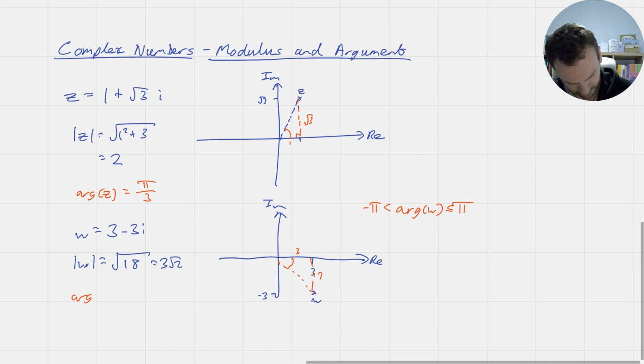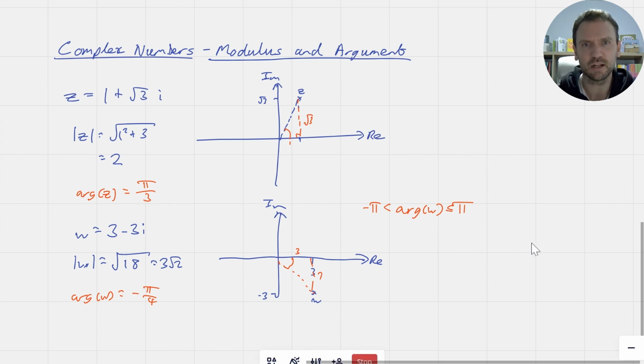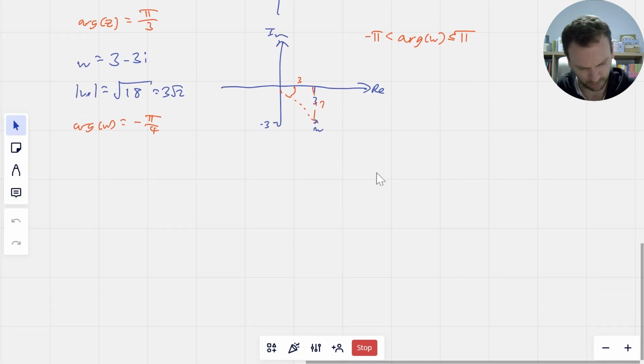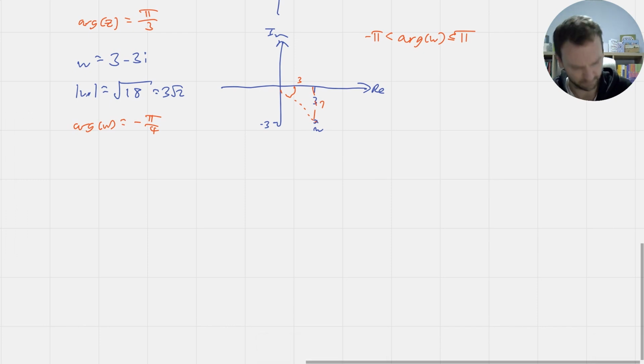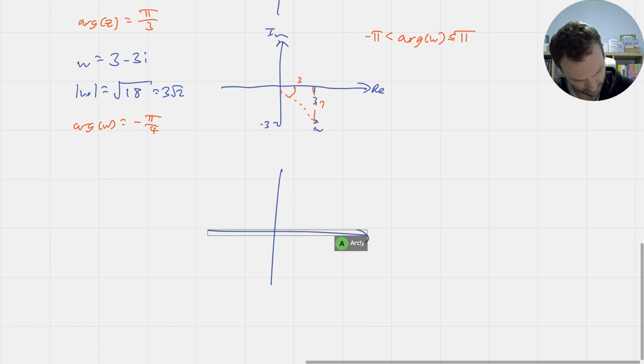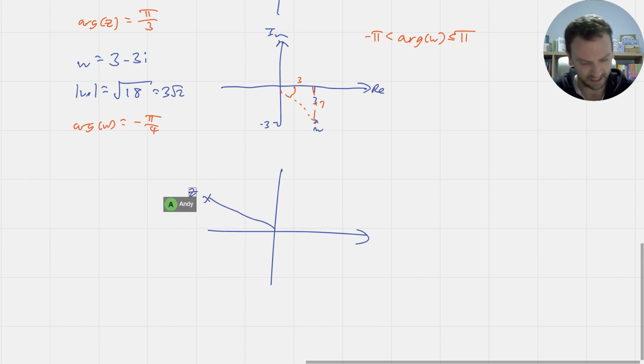But in order to show that we've gone down, we've gone clockwise rather than anti-clockwise from the real axes, we're going to state this as negative pi over 4. I'm not going to go through the whole example again for finding more arguments, but if you did have a situation where you had a complex number z, say over here instead, you'd want to be stating this angle.